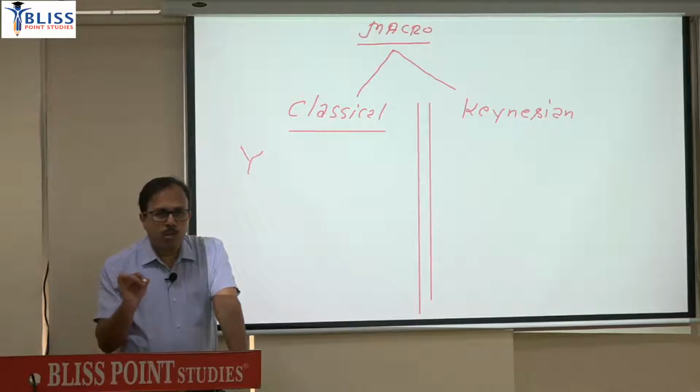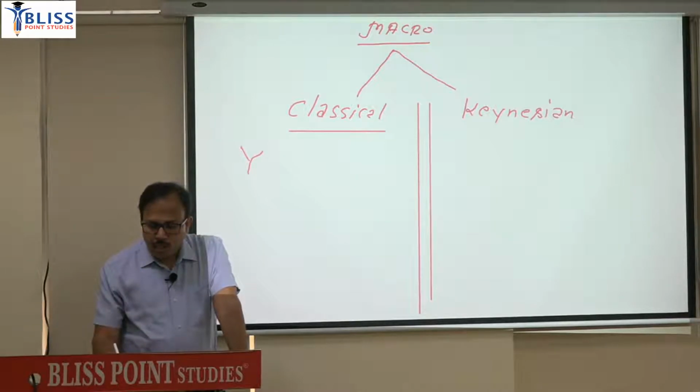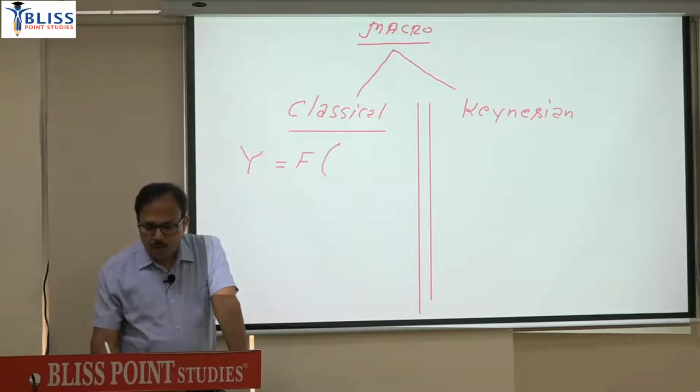So in symbols we can simply write it as y. In the classical concept it is said that GDP is a function of, that means it depends on, the stock of capital, labor, technology, raw material and so on. So simply I write production as a function of capital, labor, technology and so on.